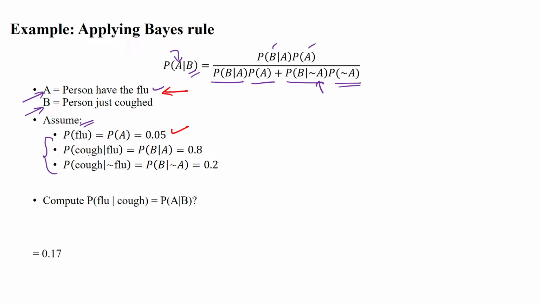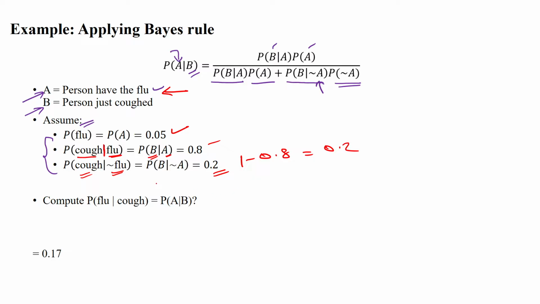The probability of getting the cough due to flu, probability of cough given flu, that is probability of event B given A, equals 0.8. Probability of getting cough not due to the flu is 1 minus 0.8, equal to 0.2.